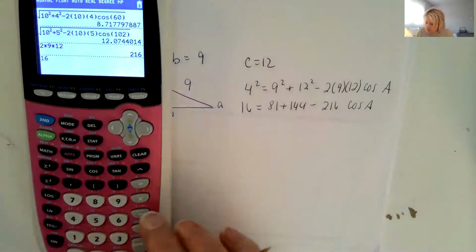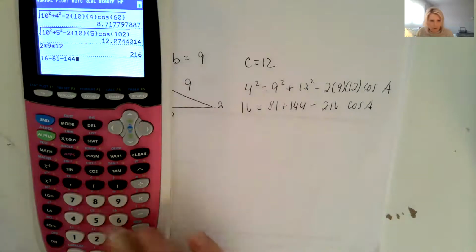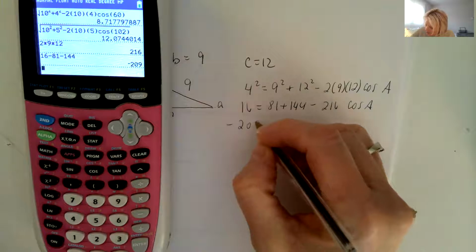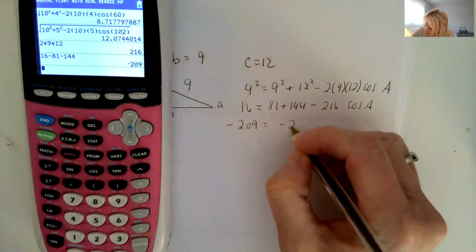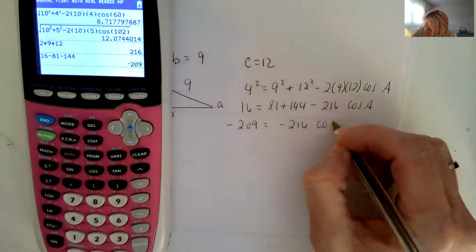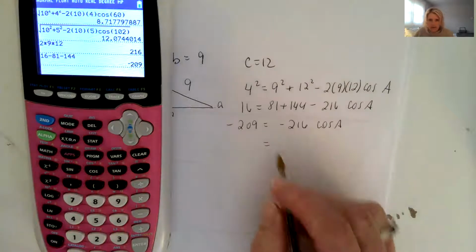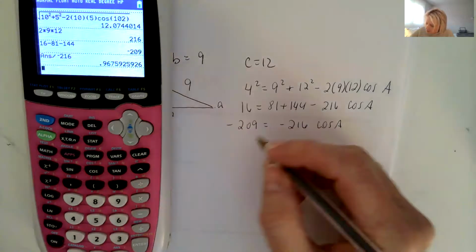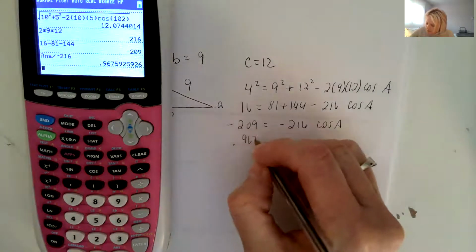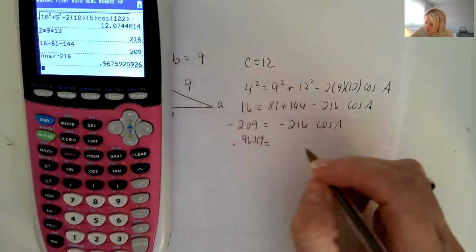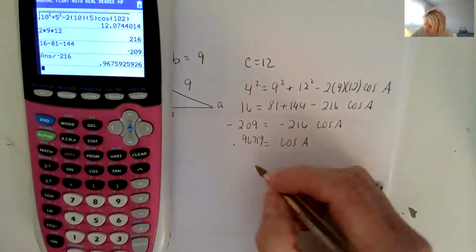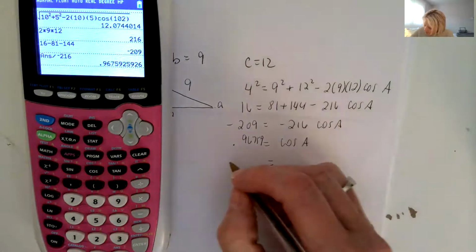So 16 minus 81 minus 144 gives negative 209, equals negative 216 times cosine of A. And I'm going to divide both sides by negative 216. So I end up with a positive 0.96759 equals cosine A.